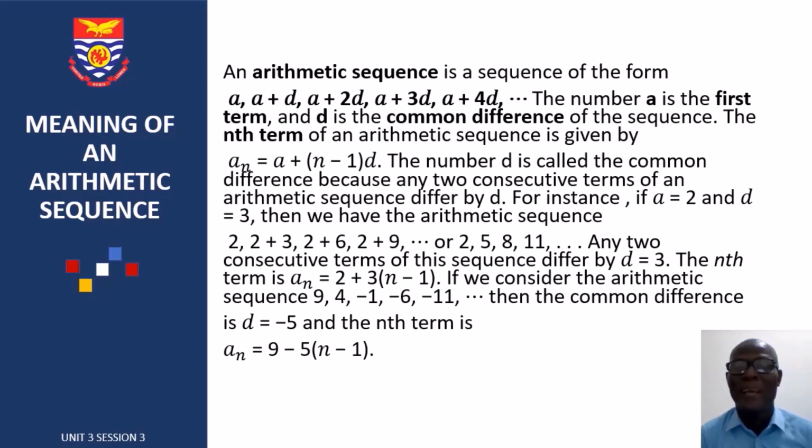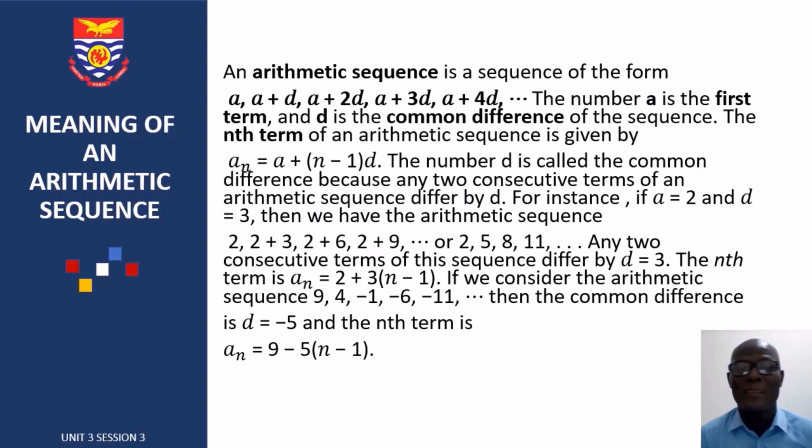Now, the nth term of the sequence above is A subscript n is equal to the first term A, which is 2, plus the common difference D, which is multiplying into braces n minus 1.